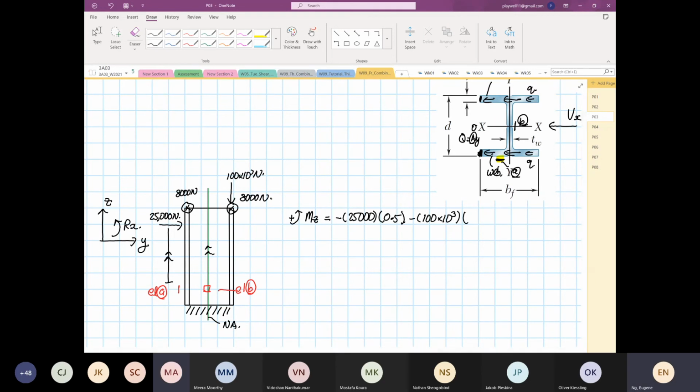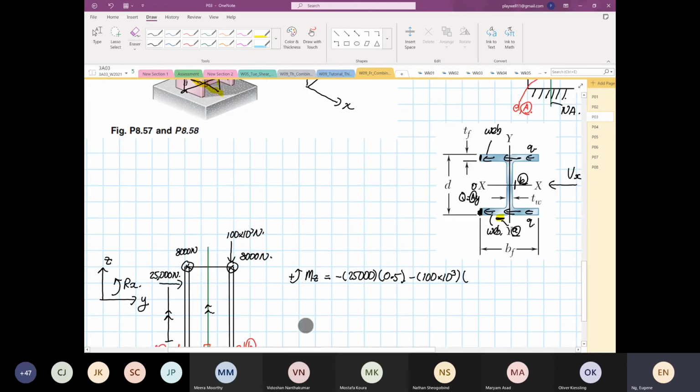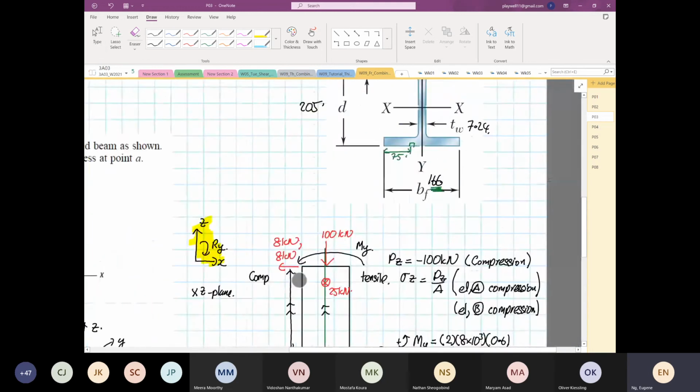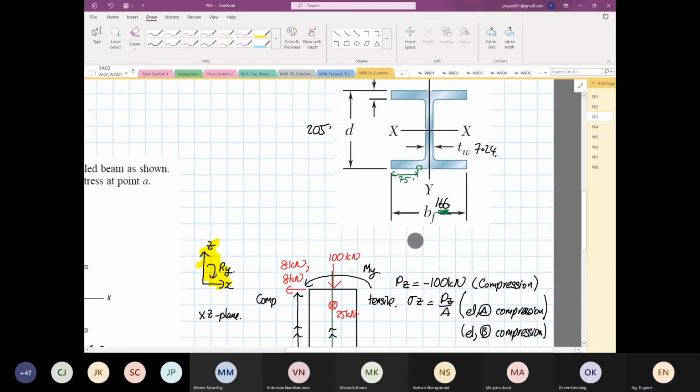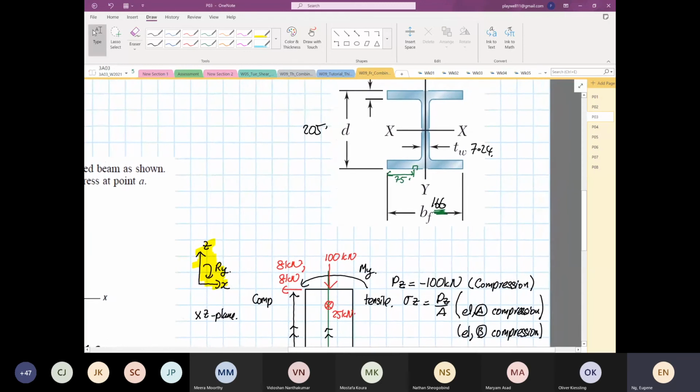Neutral axis. I don't know this distance at all, so I need to find out what this distance is.